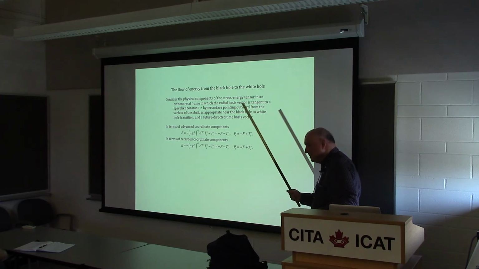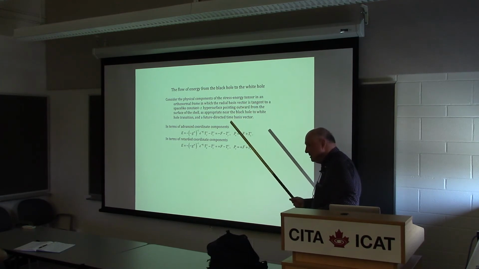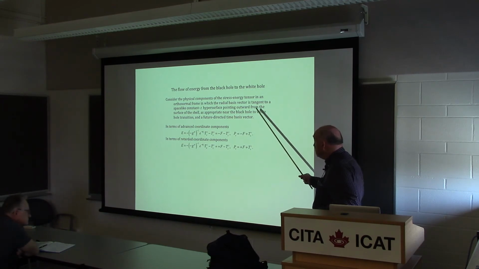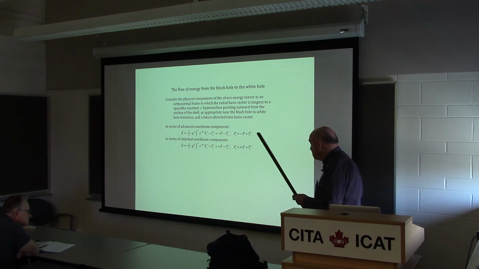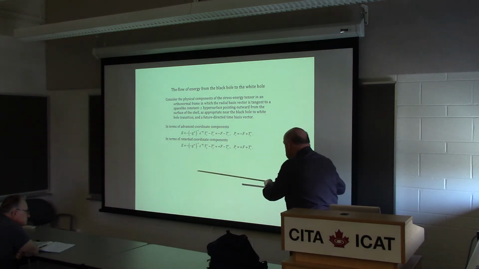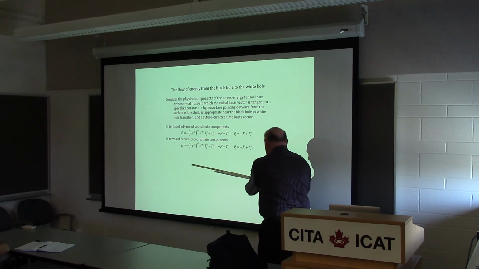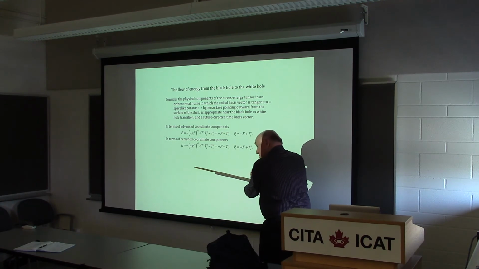R is a time coordinate here, it's not a spatial coordinate. So, at the z equals 0 hypersurface, if the collapsing star is off to the left here, then we're going to say the outgoing, what I call the outgoing radial direction, is pointed at constant z, in other words, at constant time, along the transition hypersurface.